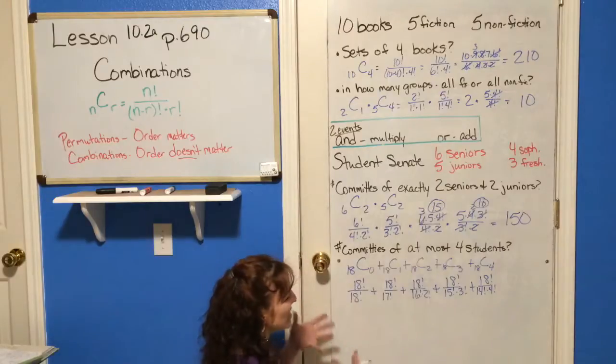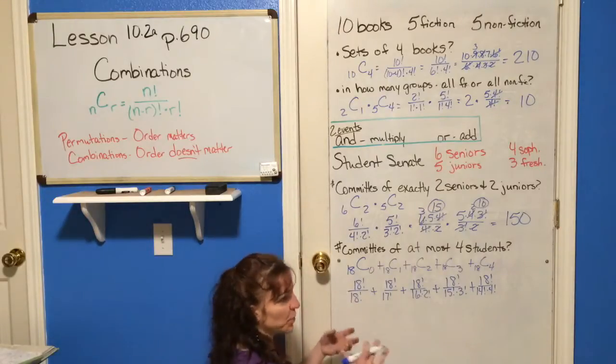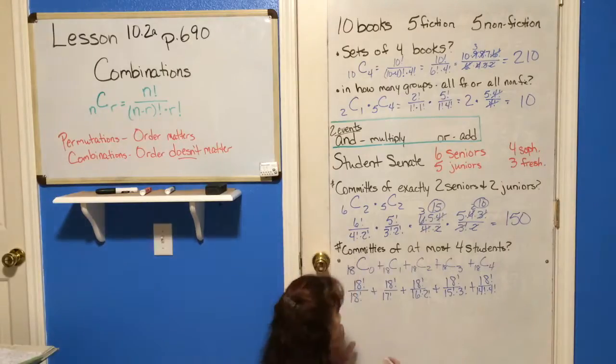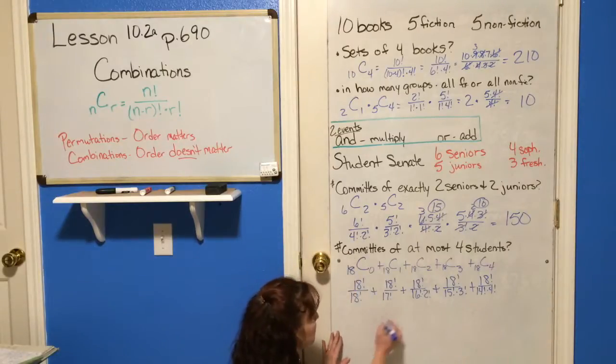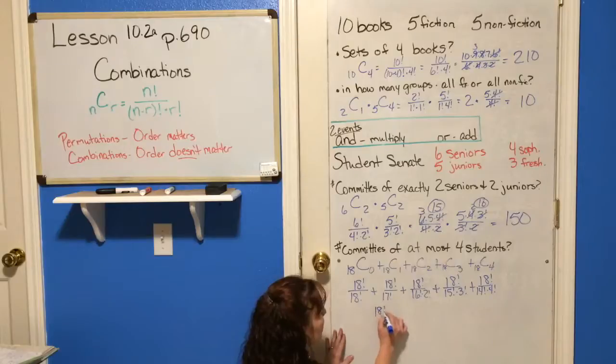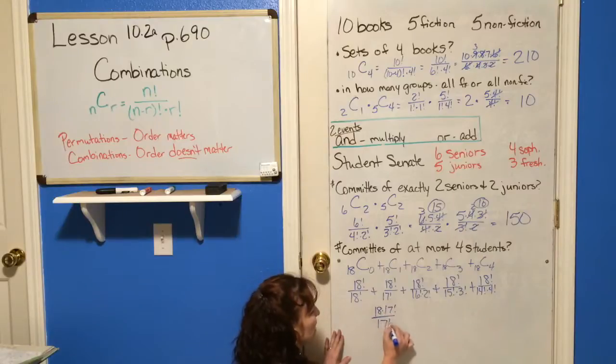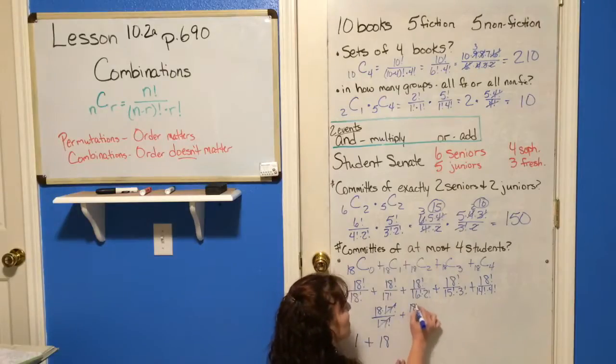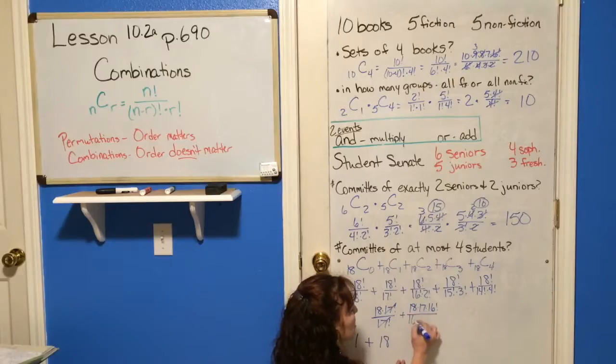All right, and this is where it becomes easier to reduce things out. 18 divided by 18 is just 1. And then this is going to be 18 times 17 factorial over 17 factorial, which is just 18. So 1 plus 18. Plus this is 18 times 17 times 16 factorial over 16 factorial times 2.